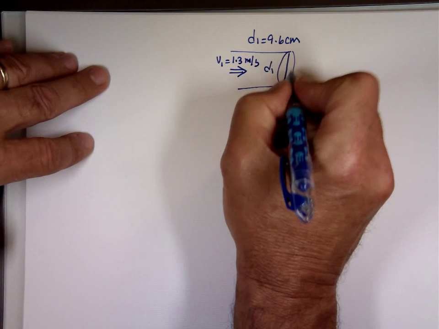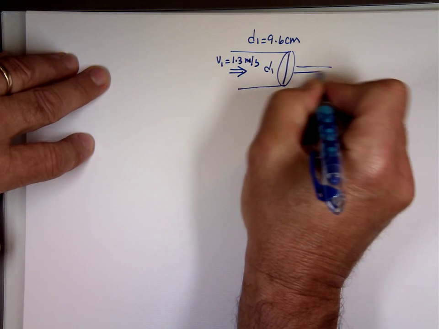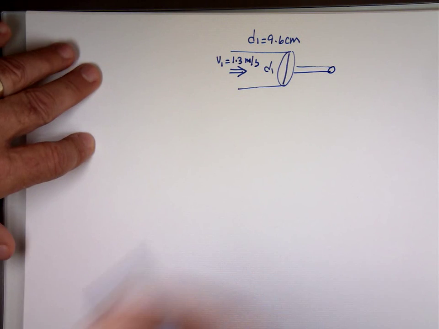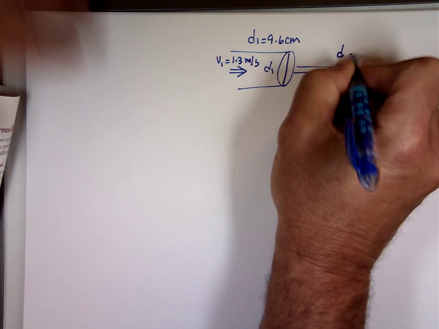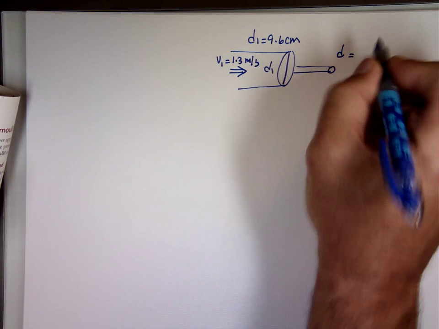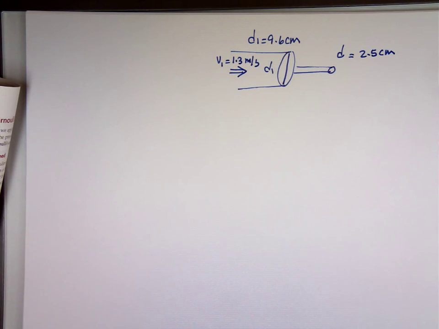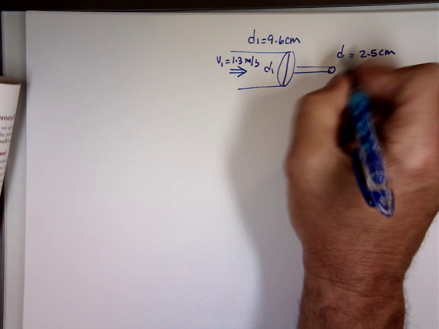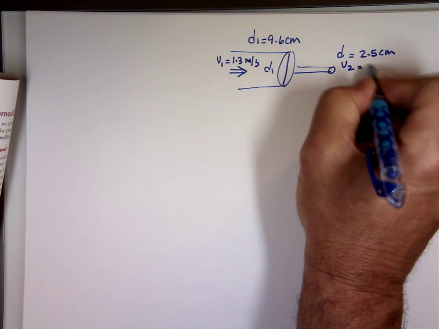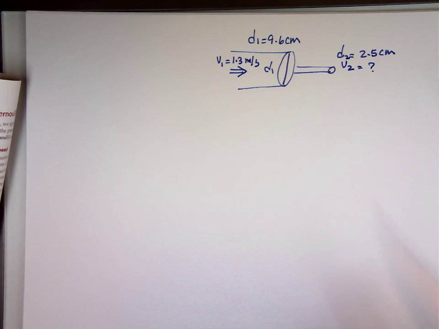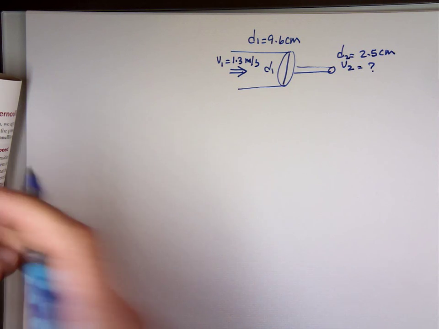It's going to go through a tiny nozzle at the end, and the diameter for that nozzle is 2.5 centimeters. What is the velocity coming out of it? We're assuming this hose has only water in it.